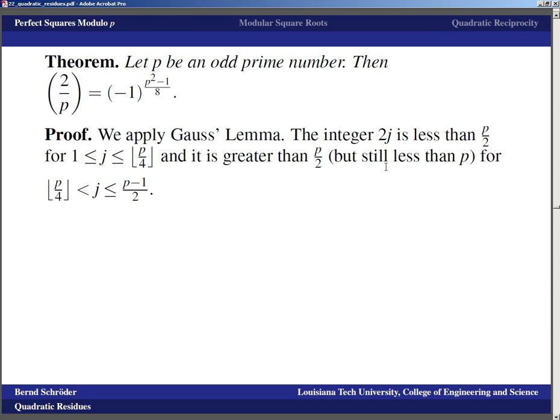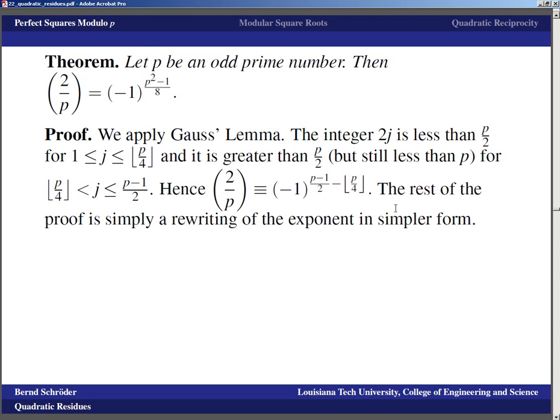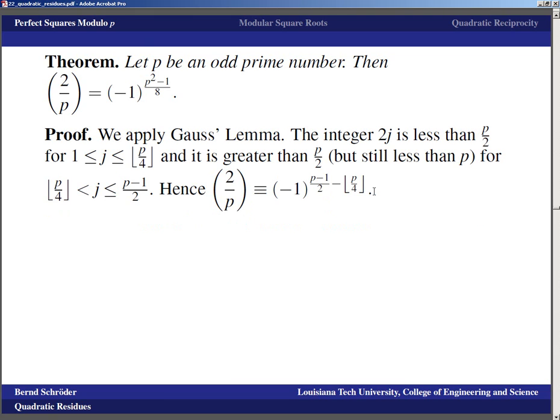And it is greater than p over 2, but still less than p for the greatest integer below p over 4 being strictly smaller than j, being less than or equal to (p minus 1) over 2. And so that means that the Legendre symbol of 2 over p is equivalent to (negative 1) to the (p minus 1) over 2 minus the greatest integer below p over 4. And that is, again, modulo p.